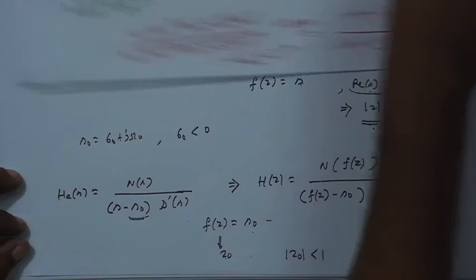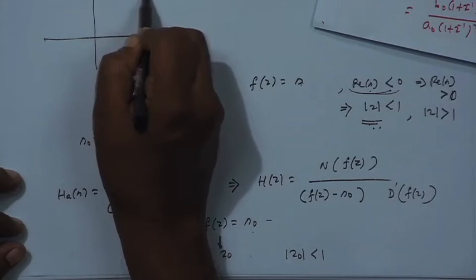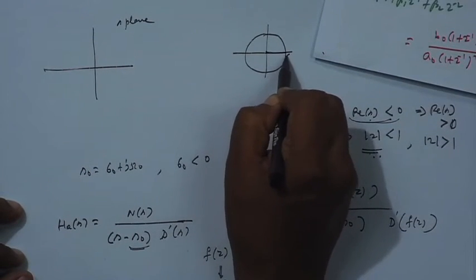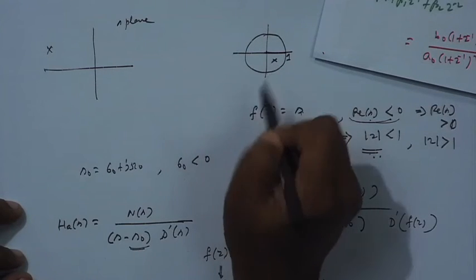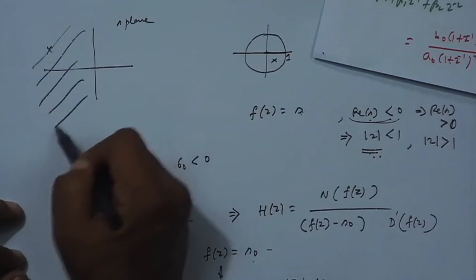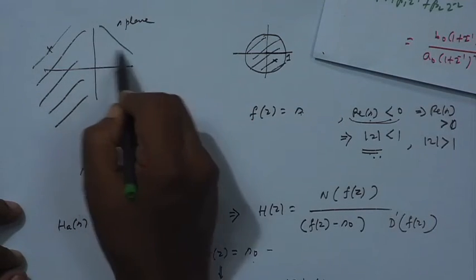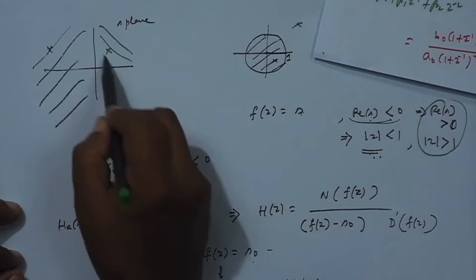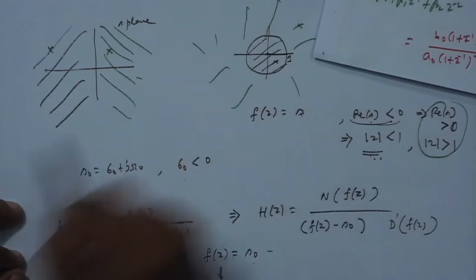If this is the S plane and this is the Z plane with the unit circle, this much is 1, any pole here should map to some pole here, not outside, which means the entire left half should map to inside, and for the entire zone outside, any pole here should map to a pole outside, which means the right half plane should map to outside the unit circle in the Z plane.